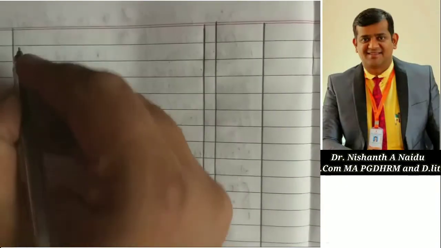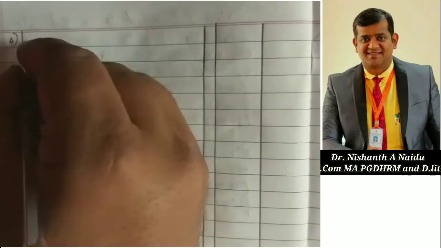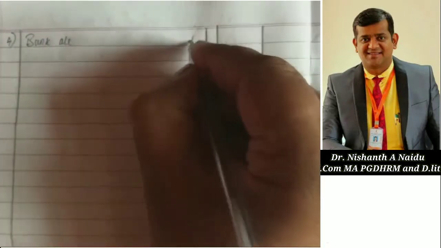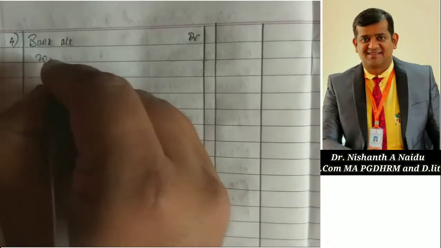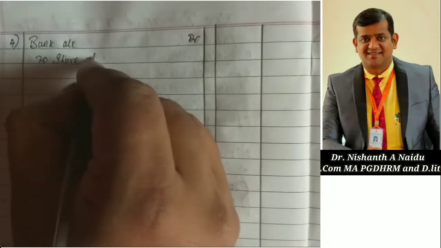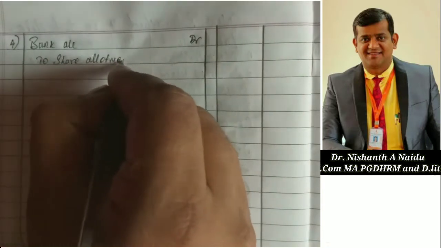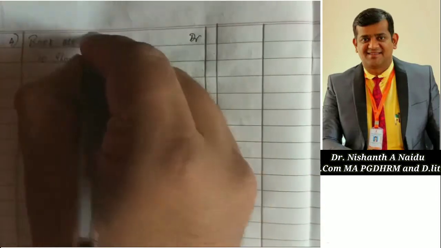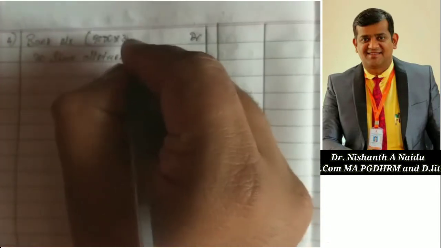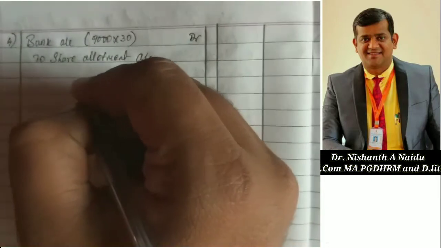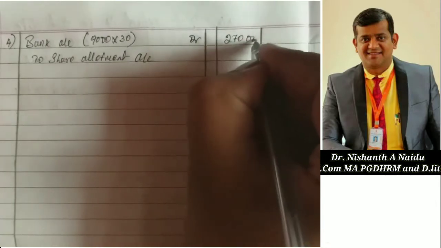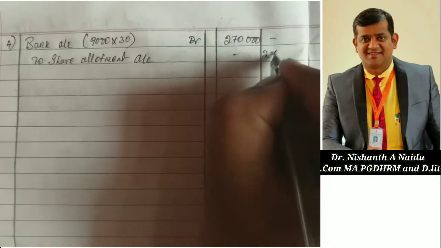So now I am passing the fourth journal entry, the received entry of allotment money. Bank account debtor to share allotment account. So now write 9,000 into 30, that is 2,70,000.